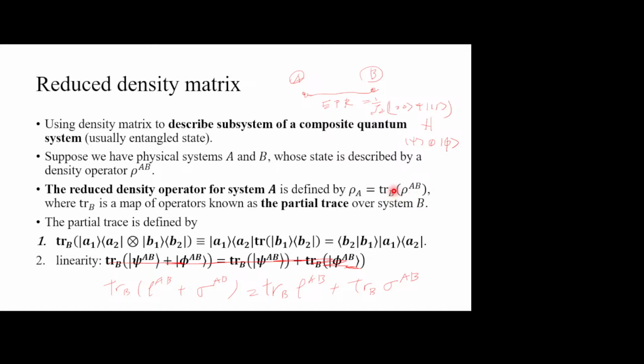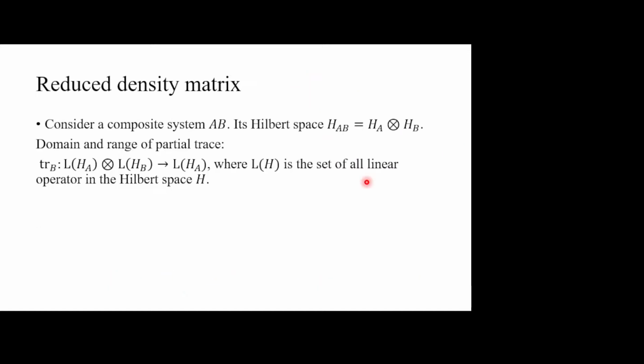If you partial trace over system B, it maps some density matrix on AB to a density matrix on A only. I think here I should also say rho A. And here is also a bit wrong: it should be a linear operator on HA tensor HB mapped to a linear operator on only HA.